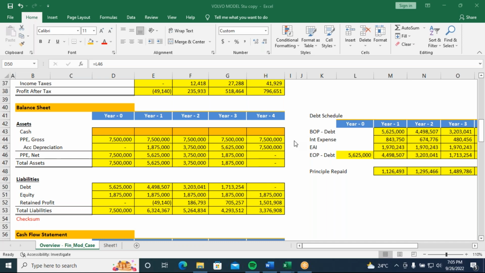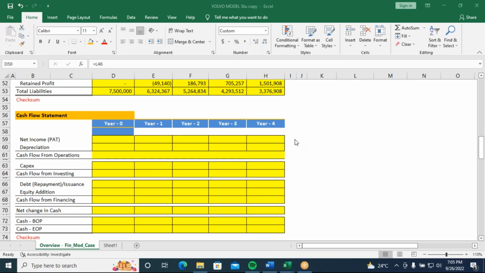Girls, shall we go to the cash flow statement? Is everyone done with the assets and the liabilities part?